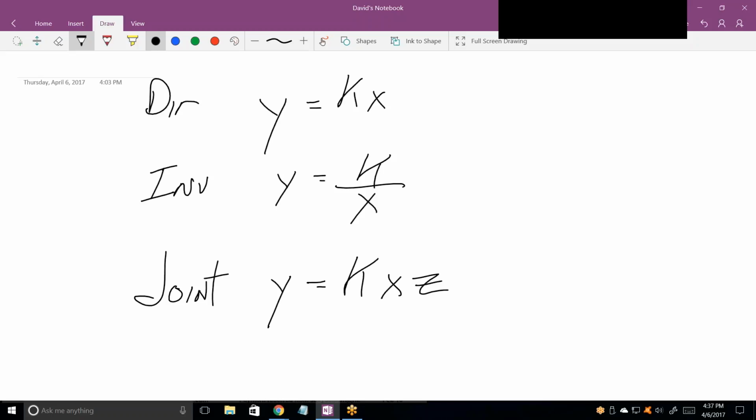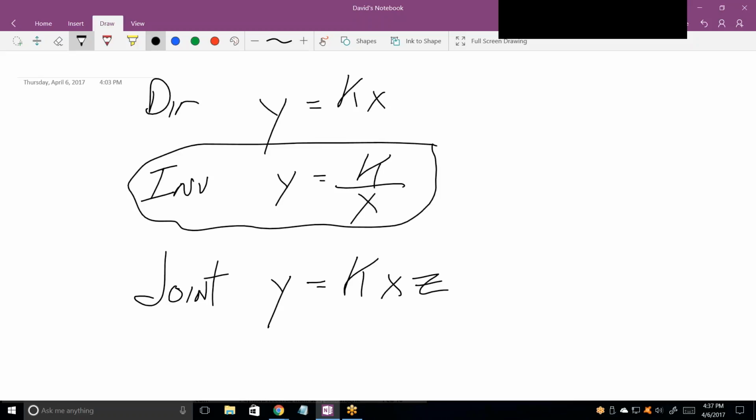This relationship is a good example of an inverse relationship. Force of gravity and the distance between two planets.